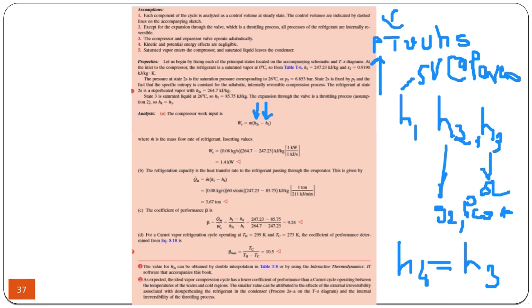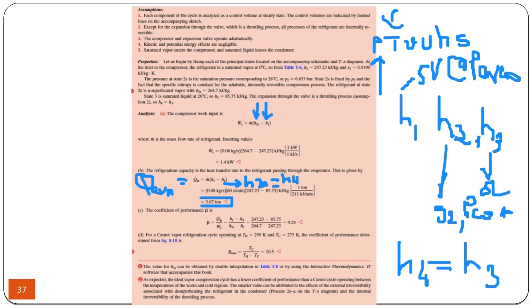The Q in, which is actually the cooling or Q evaporator, is n dot times H1 minus H4, and this H4, remember that, is equal to H3 because in the expansion valve the enthalpy does not change. So we find the cooling capacity to be 3.67 tons.